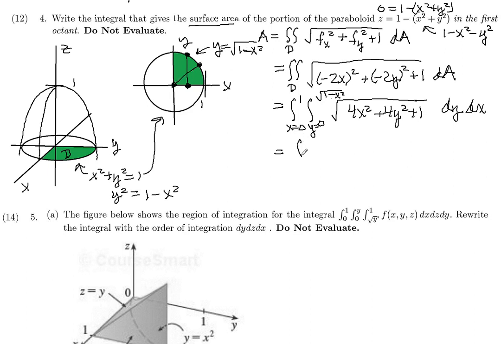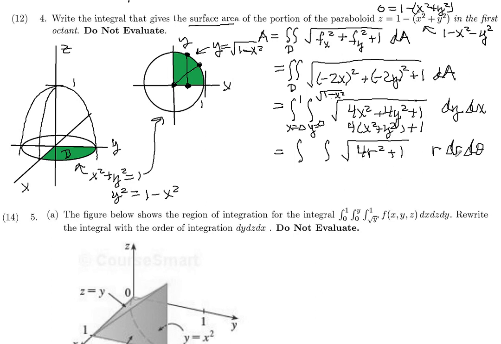And we're setting up the integral, square root, and then dy dx or dA is r dr d theta. Inside here, notice that we could factor out a common 4. So we'd have 4 times the quantity x squared plus y squared, plus 1. x squared plus y squared is r squared. So underneath there is just 4r squared plus 1.